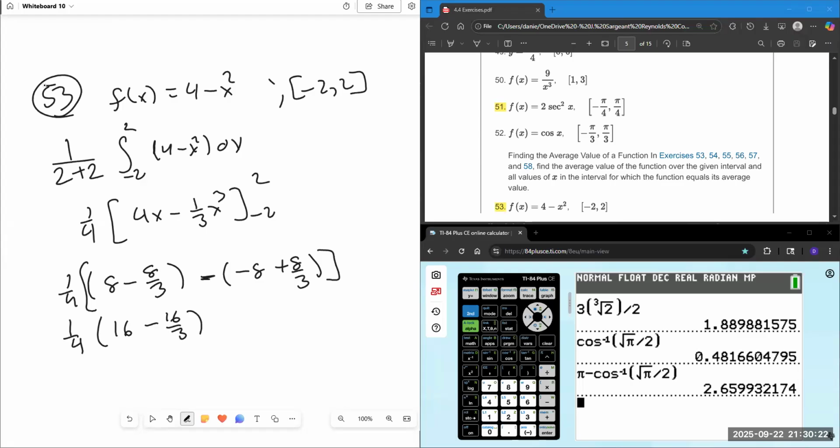That's 4 times 1 minus 1/3, 4 times 2/3 is 8/3.